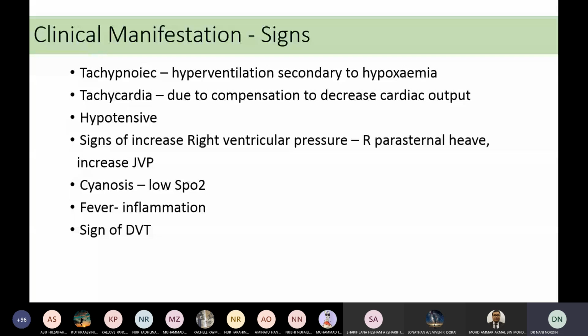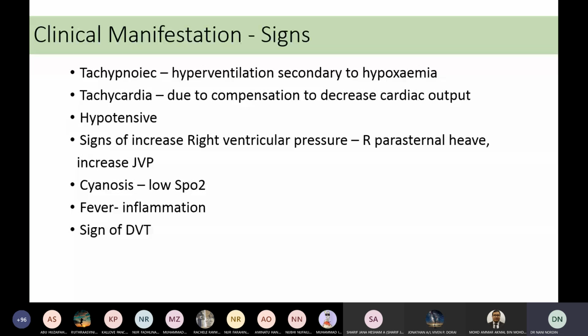Because of dyspnea, you can have tachypnea. We talked about hyperventilation just now because of hypoxemia, and hyperventilation leads to hypocapnia. And you can have tachycardia, because remember we said decrease in cardiac output. They can come hypotensive.